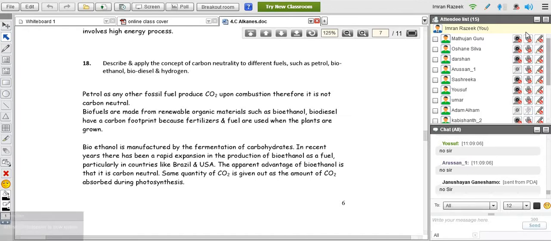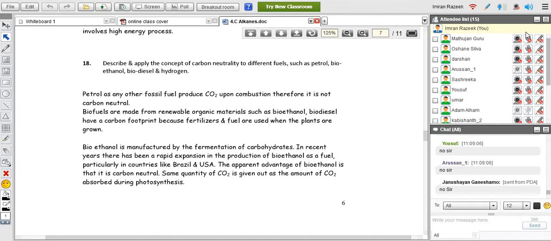So gasol is gasoline plus ethanol. If you go to Brazil, I have seen the pictures in the fuel station. You have the gasoline at one end and gasol on the other end.